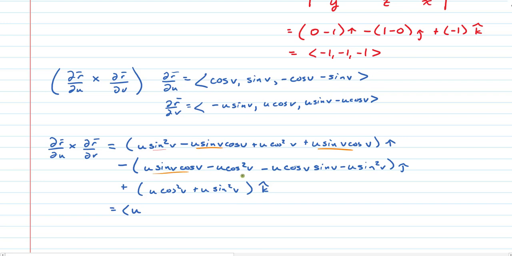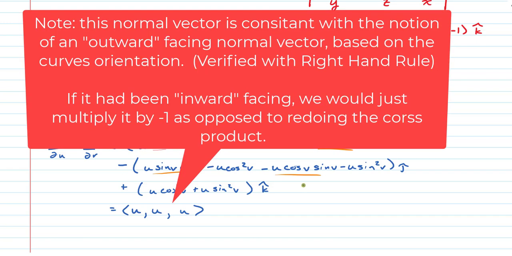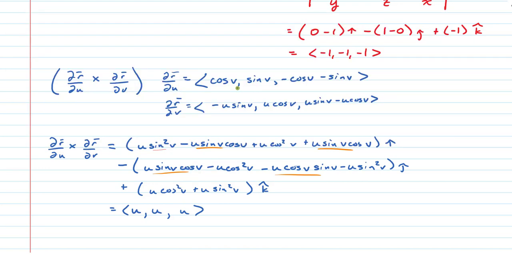Likewise here, this component cancels with this component. These give me a minus u, but remember the minus sign from the cross product for the j hat component gives us a positive u, and this also simplifies to u. So this was probably the most challenging part of the problem, computing and keeping track of all the terms of this cross product. So double check me on that. But this actually works out pretty nicely.